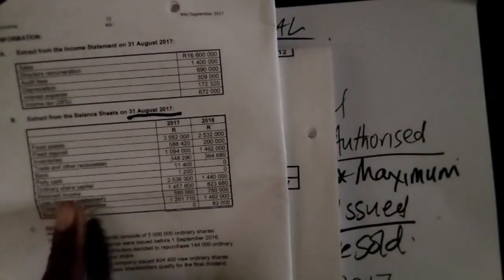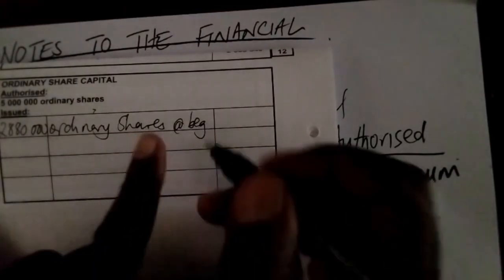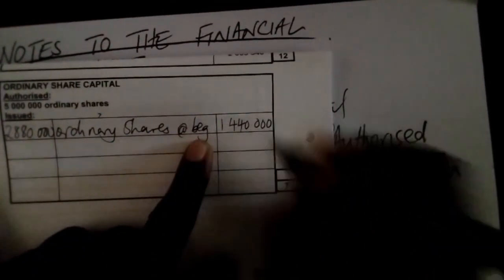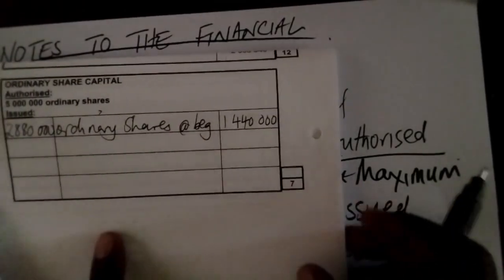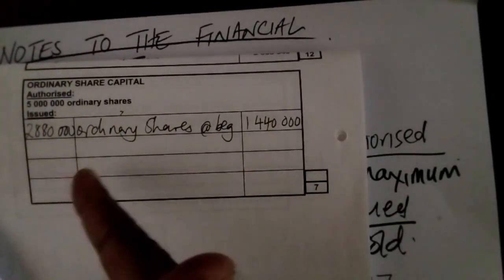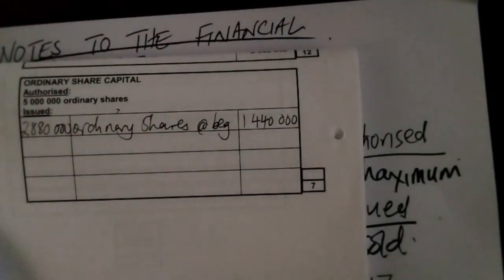You can tell that you've got your ordinary share capital here, and they say the value is 1440, right? So in your answer book it's 1,440,000. This means that at the beginning of the year, we had issued 2,880,000 shares, and they had a value of 1,440,000. Okay, so that part is fairly easy and straightforward.